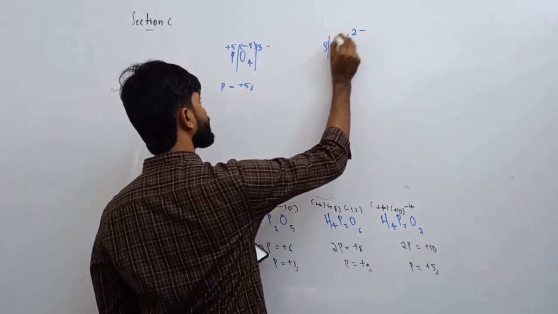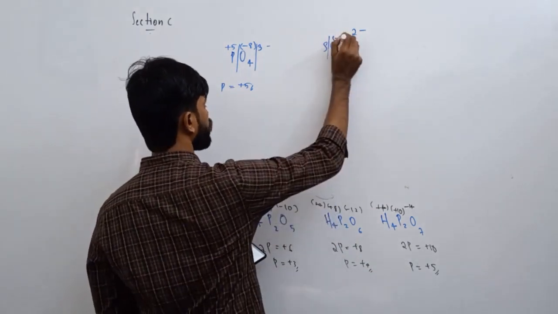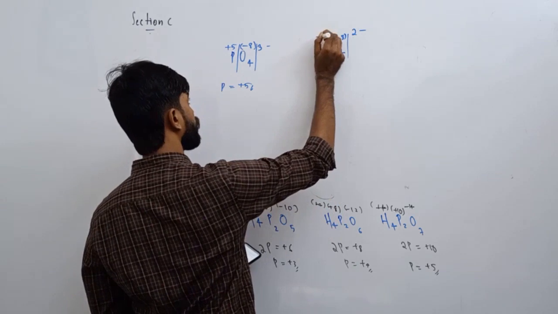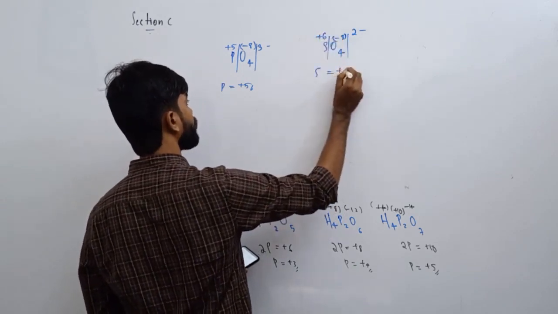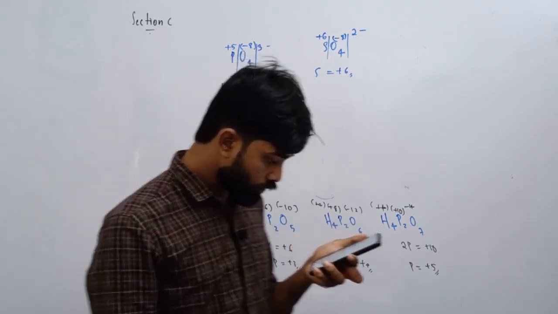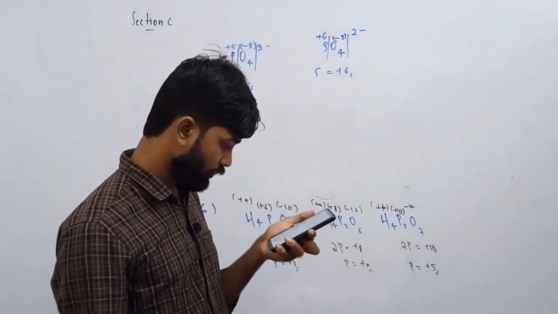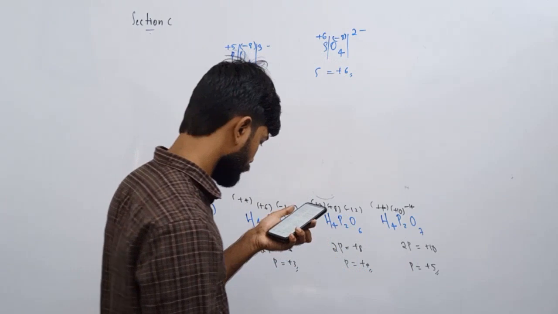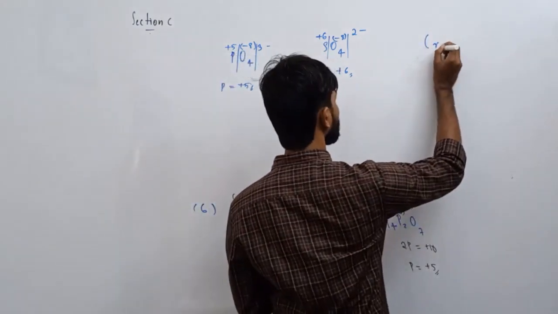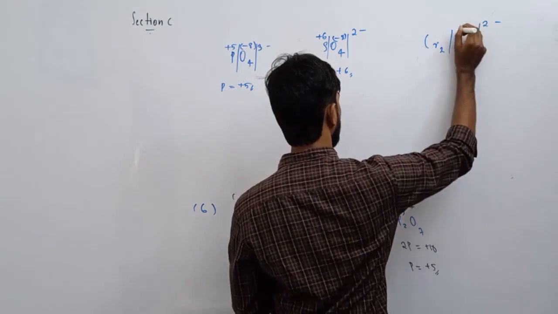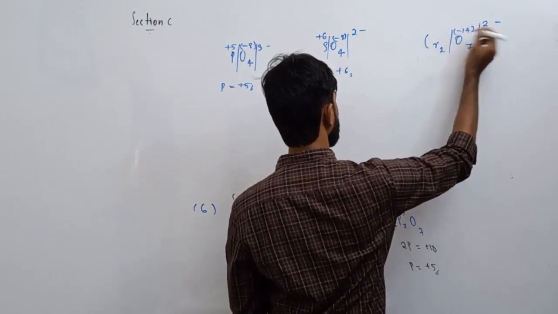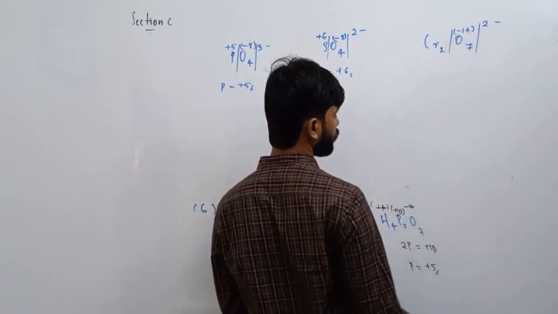Here also a -8 from the side of oxygen. In order to get -2 outside, sulfur should offer +6. So sulfur is in +6 oxidation state. Okay. So one more is the chromium in Cr2O7 2-. 7 oxygen will offer -14.